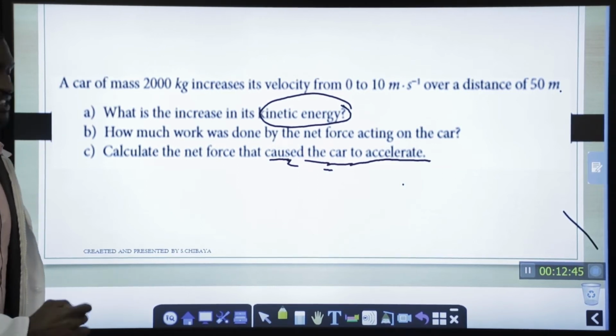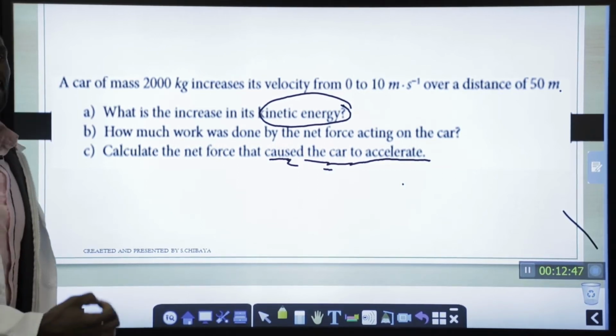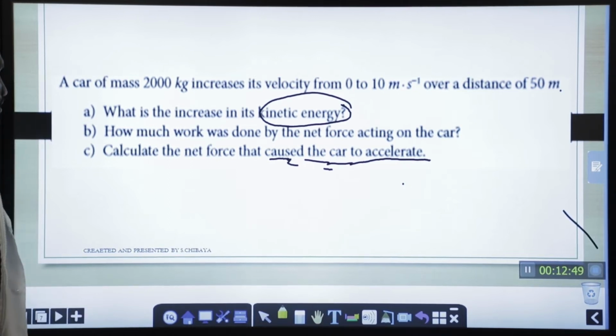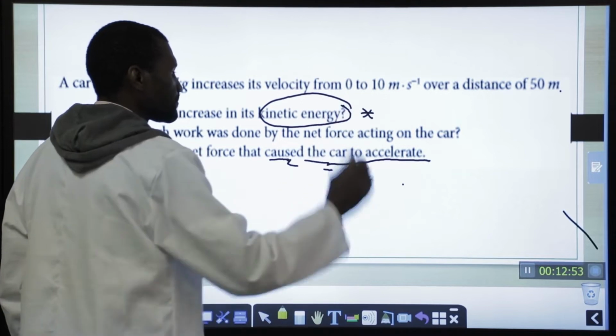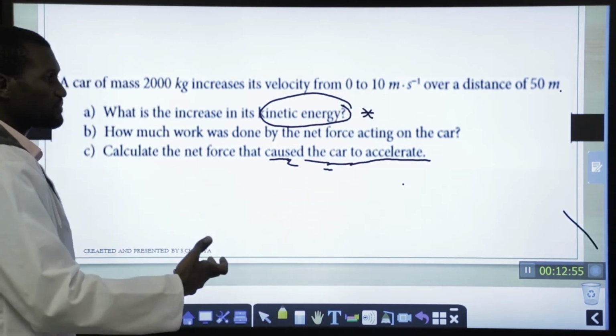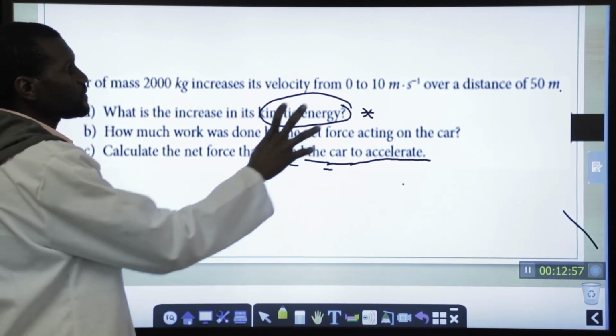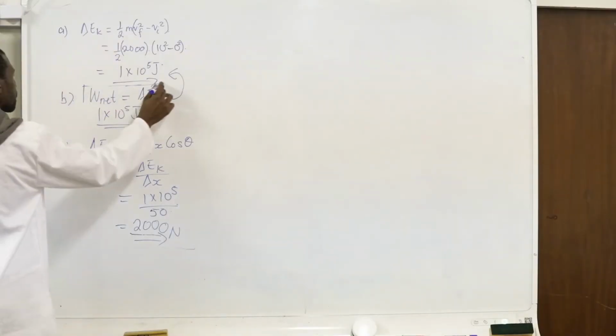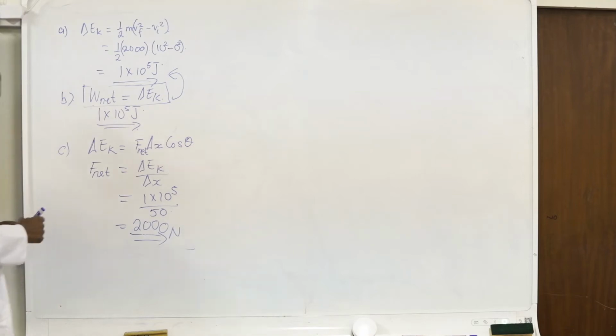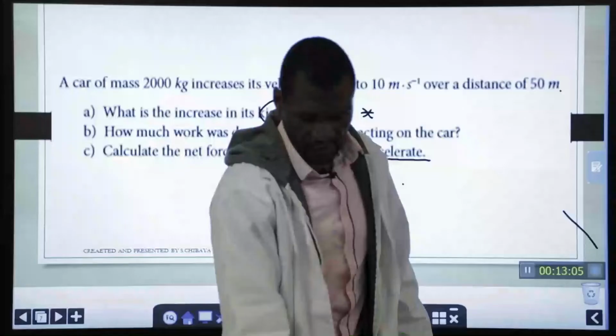Questions come often in an exam. They direct you on what to use. Sometimes they say, using only the work energy theorem, find this unknown value. Please always be wary of what is required in a question for you to answer it correctly.